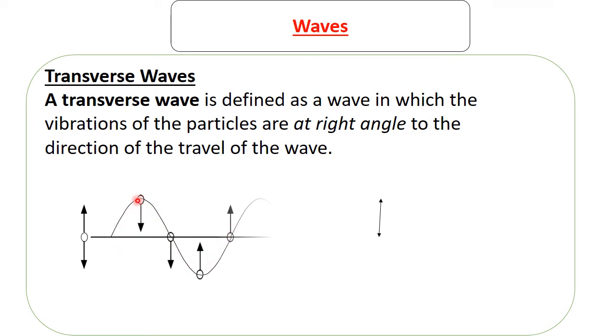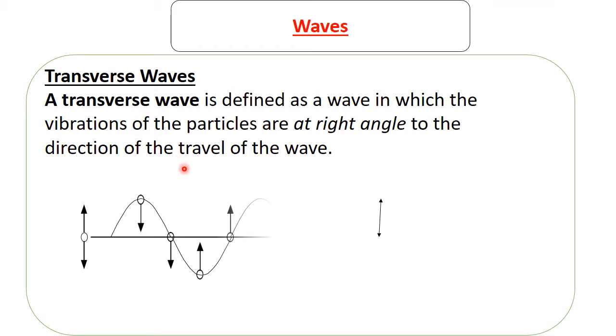So you can say they're moving up, down, as they are going this direction. So the direction of vibration is up, down, but the waves are moving this direction, that is to the right. So the direction of the vibrations and the direction of the movement of the wave are at right angle. Such a wave is a transverse wave.